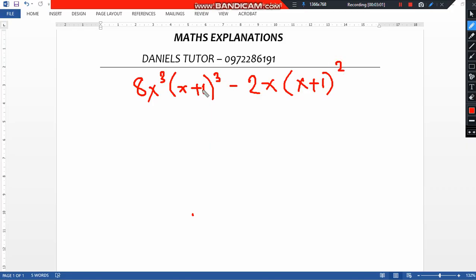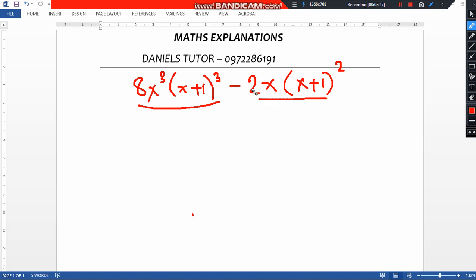So the only thing that separates these two numbers is this minus here. This is one number, it's 8x to the power 3 times this. And this is another number, 2x times that expression. So you have to compare one by one.